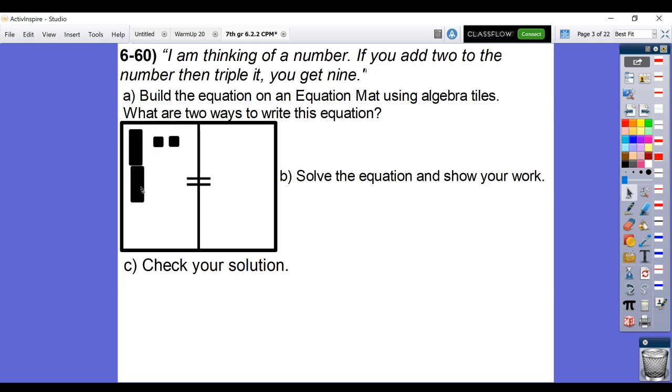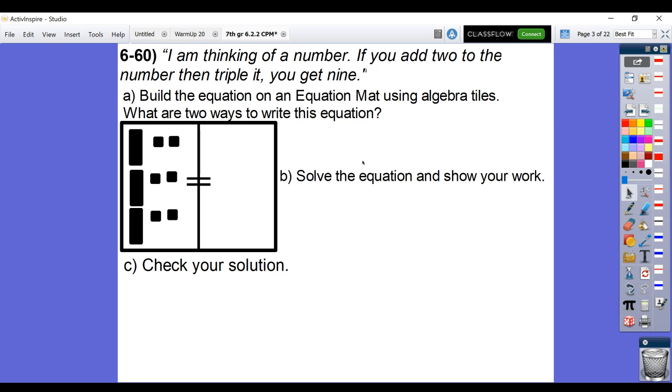So we're going to end up with 3 X tiles, and we're going to end up with 6 of the unit tiles because we're tripling it. So in essence, we are moving these here now so we can see 3 groups of X plus 2.